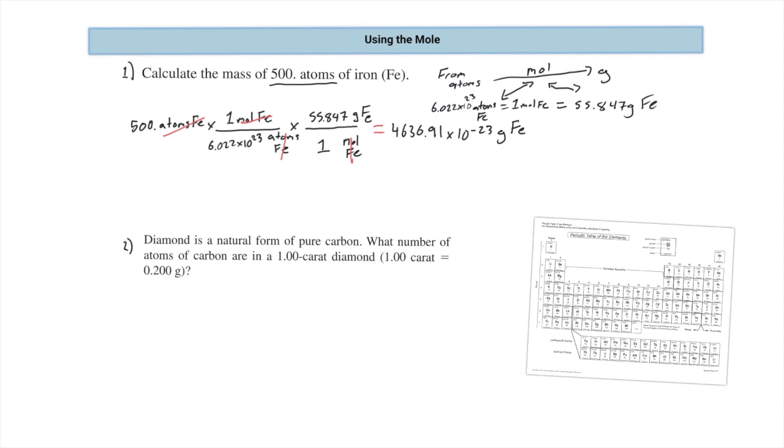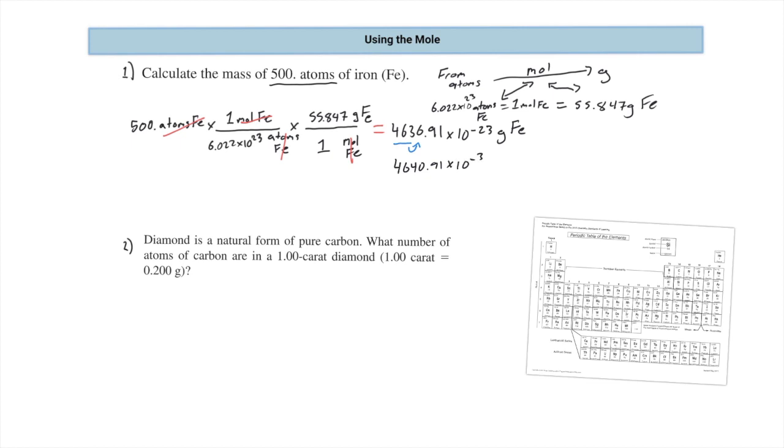Now, we need to do sig figs, right? We got 3 sig figs here, 4 here, and 5 here, so it's going to be 3 sig figs. The digit after is a 6, that's going to round up. So it's 4640 times 10 to the negative 23.